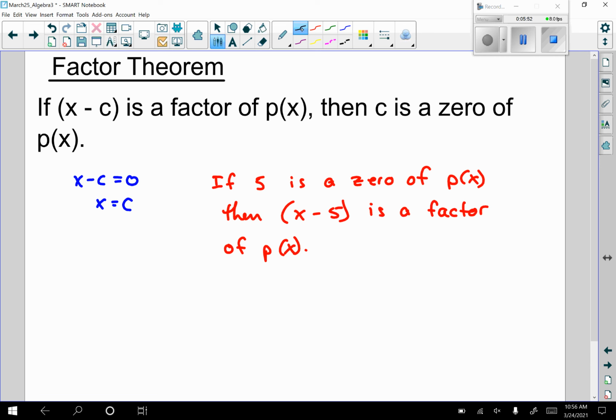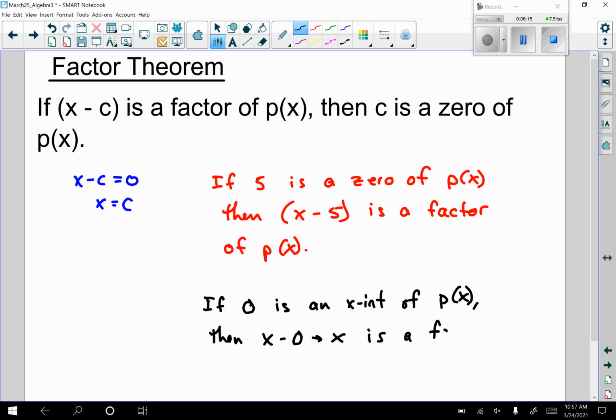Now, to get that monomial x, the only way to do that is if 0 is a 0. So I'll just say if 0 is an x-intercept of p of x, then x, because technically it's x minus 0, which is just x, is a factor of p of x.